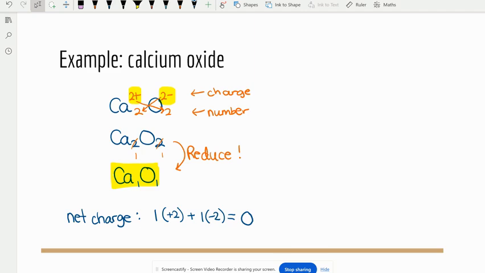You're only going to do the first page, which is called Ionic Compounds, Naming Practice, I think. Numbers 1, A to J, and number 2, A to J. So basically the first page, left-hand side. I'm going to check all your answers, so it needs to be finished today. Okay? If you have any questions, feel free to message me.